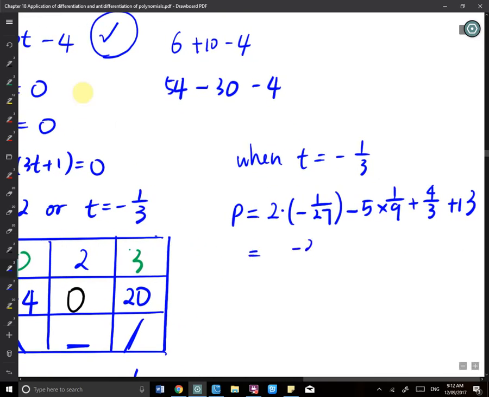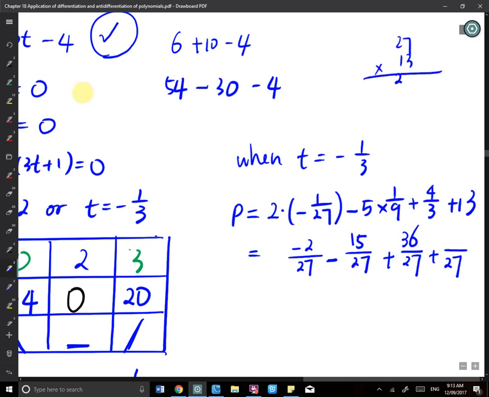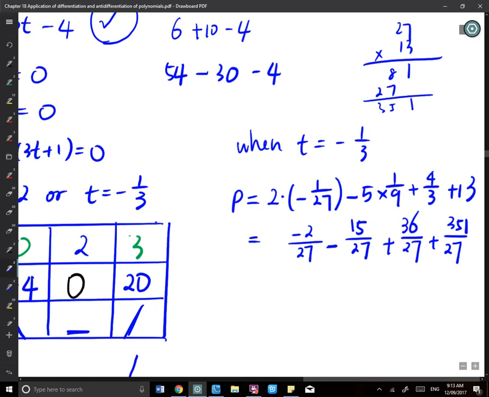That's negative 2 over 27 minus 15 over 27 plus 36 over 27 plus 13 times 27, which is 351, minus 17.